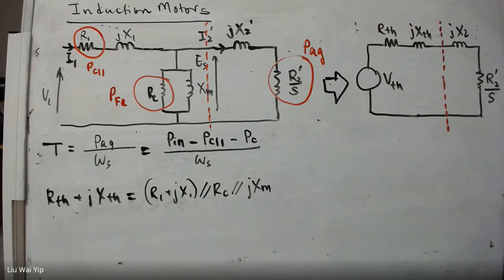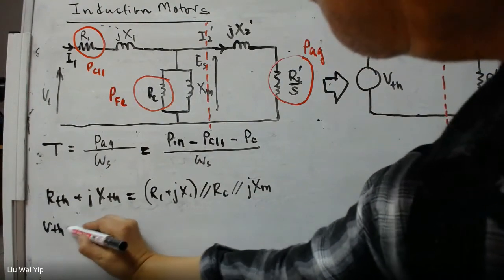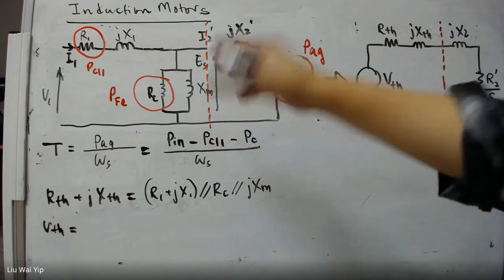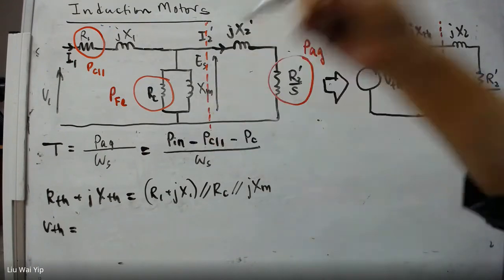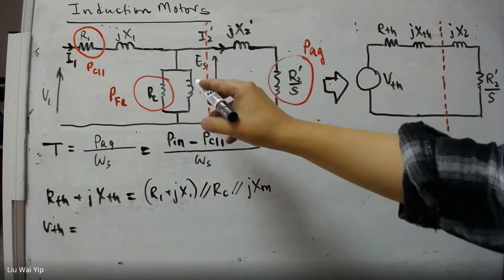And now the Thevenin voltage is, we can use the voltage divider model to model it.